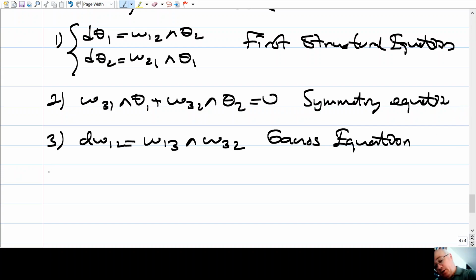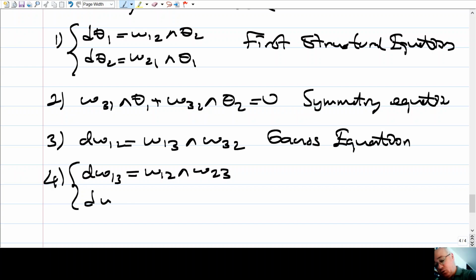And the fourth one is the Codazzi equations: d omega 1 3 is omega 1 2 wedge omega 2 3, and d omega 2 3 is omega 2 1 wedge omega 1 3. Codazzi equations.